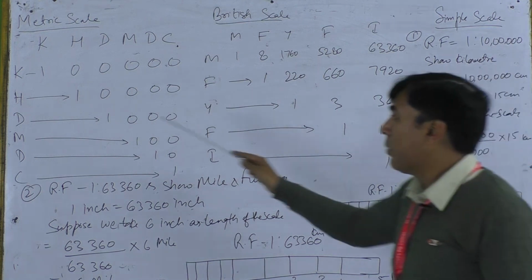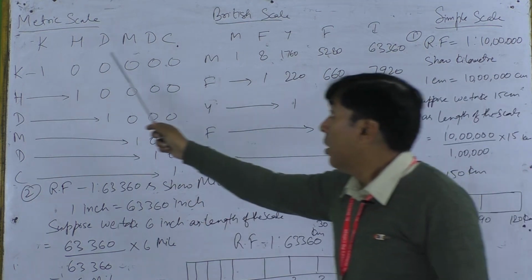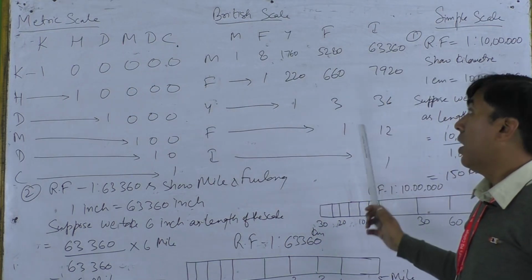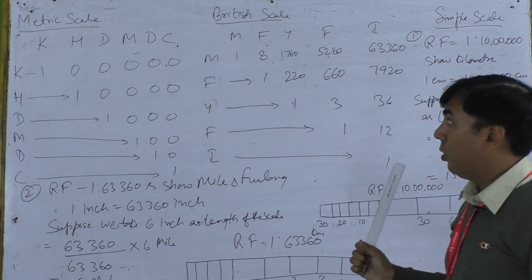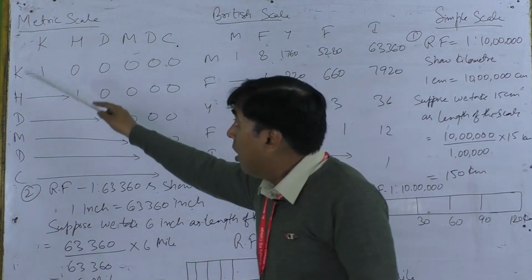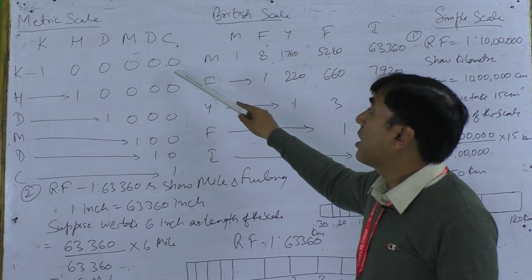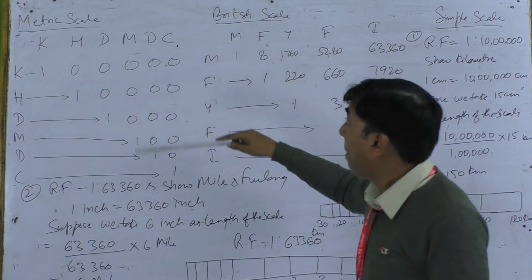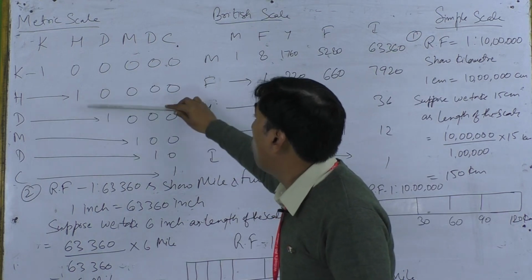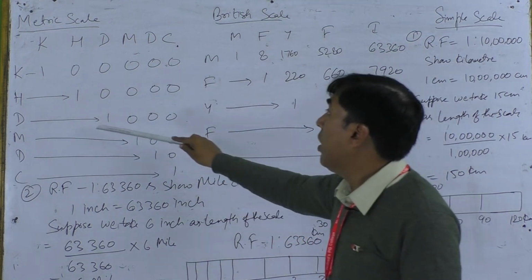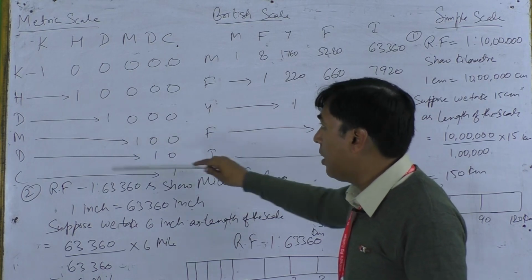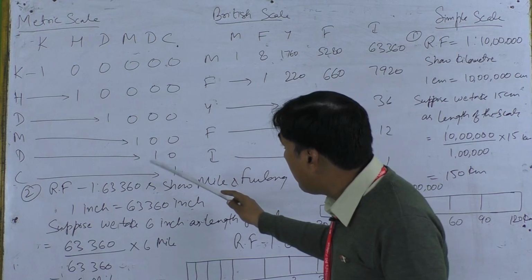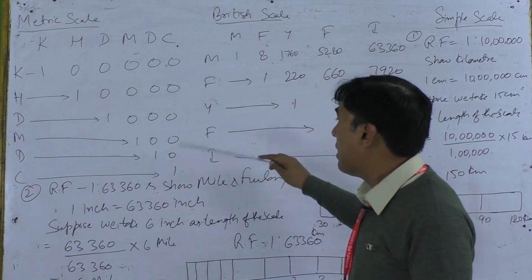So I think you are getting my point, how these two, metric scale and British scale, are important in our topic of scale. Here in 1 kilometer there is 1 lakh centimeters, in 1 hectometer 10,000 centimeters, in 1 decameter 1000 centimeters, in 1 meter 100 centimeters, and in 1 decimeter 10 centimeters.